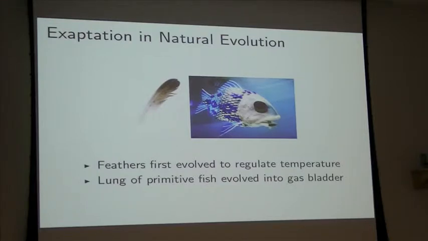And later they were exapted to aid in gliding, and then from gliding they went to flight. And similarly, the lung of a primitive fish evolved first for breathing, and then it later evolved into a gas bladder for buoyancy. So it's a common story in innovation in lots of systems, that the stepping stones need not resemble the final objective, and oftentimes it's easier just to accumulate structure, and that will broaden the things that you can reach from there.